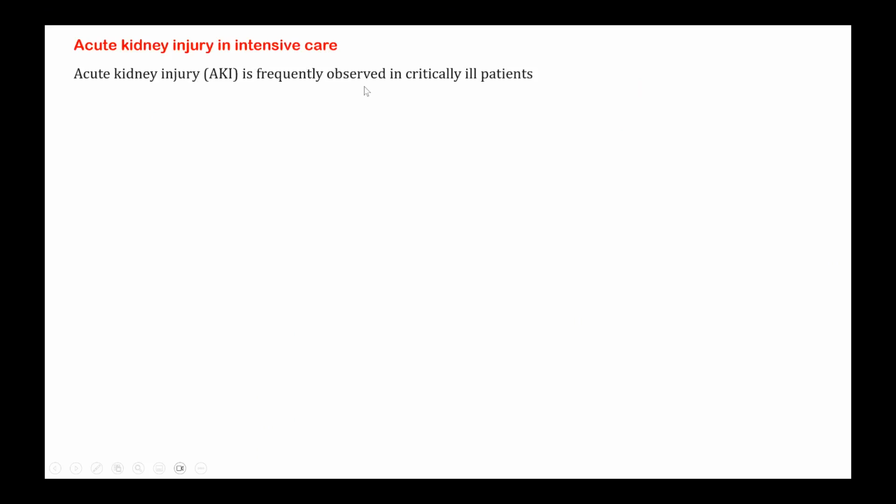This is frequently observed in critically ill patients who have gone through episodes of hypotension because of sepsis or because of hypovolemia or because of trauma or because of nephrotoxic drug usage. So all these things will be the main reasons for the occurrence of acute kidney injury.